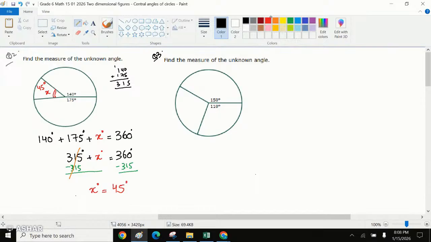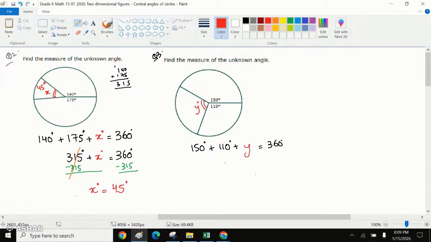Can we say that the missing angle is, let's suppose, y? We take another variable y. Can we say 150 plus 110 plus the angle y should be equal to 360?